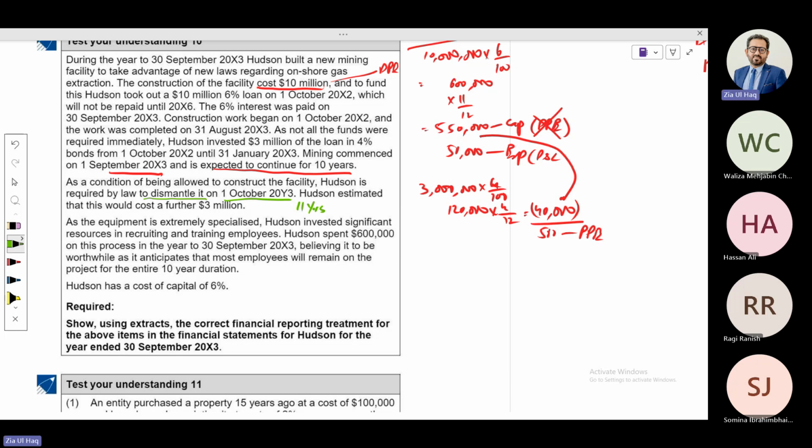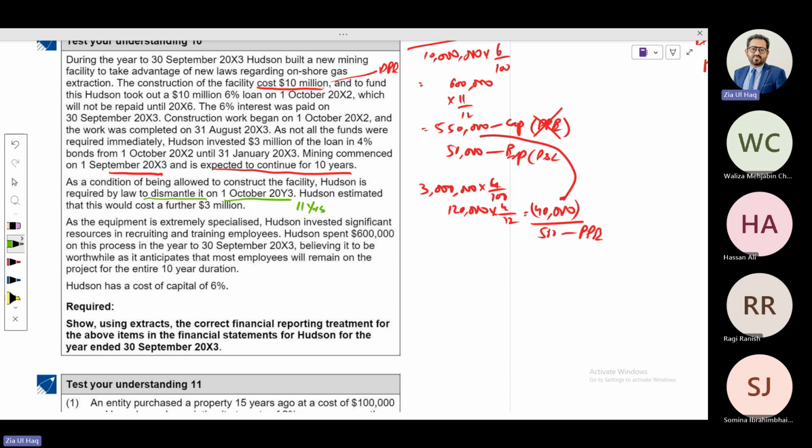How have we calculated this 11 years? Anybody having doubt? When do we need to dismantle? 1st October 20x3. It's not 20x3, it's 20y3.